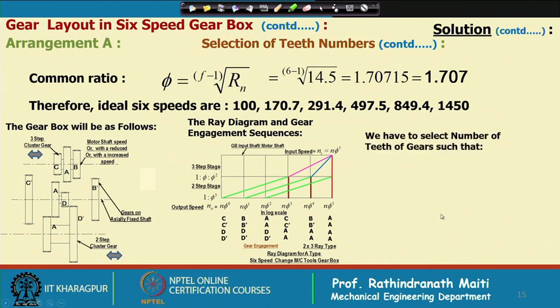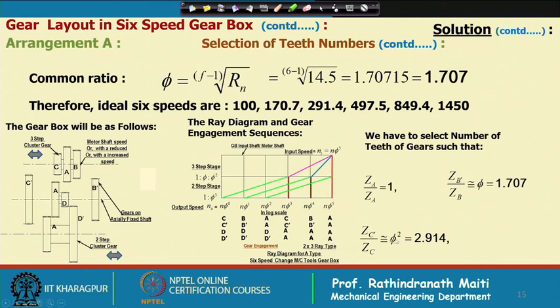Now we have to select the number of teeth of gears such that Z A dash by Z A is equal to 1, this one set for ratio 1, and another set Z B dash by Z B is equal to 1.707, because this is the specified common ratio. So, common ratio will be 1.707.